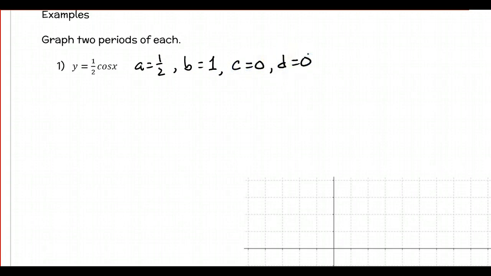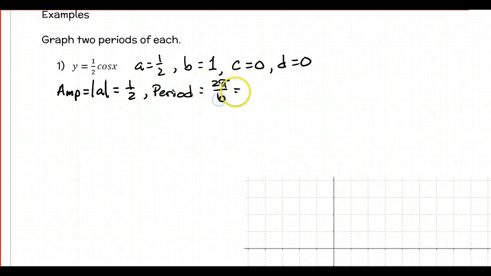And then once I have A, B, C, and D, I can find my amplitude, which is just the absolute value of A, so that's going to be a half. I can find my period, that's 2 pi divided by B, so that's 2 pi over 1, which is just 2 pi.